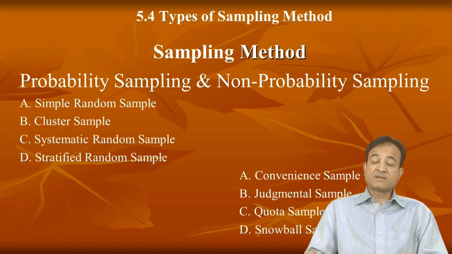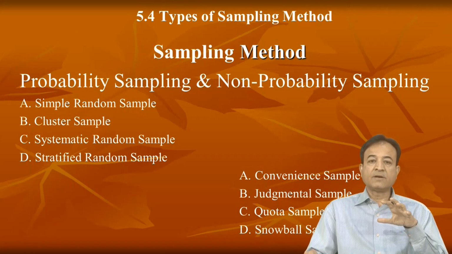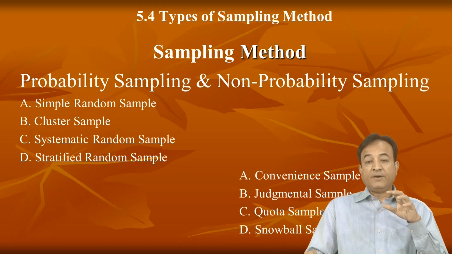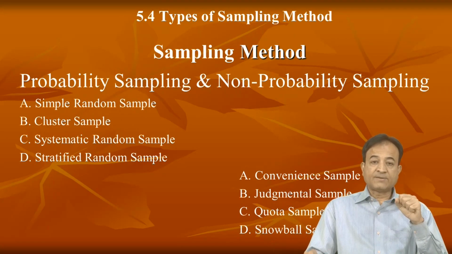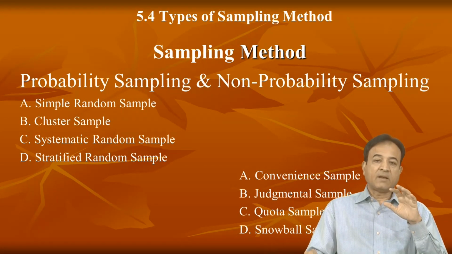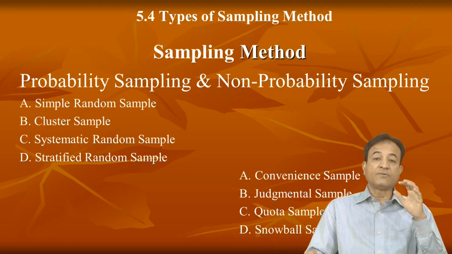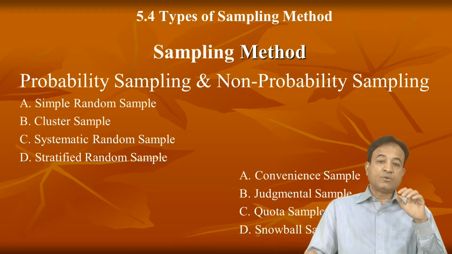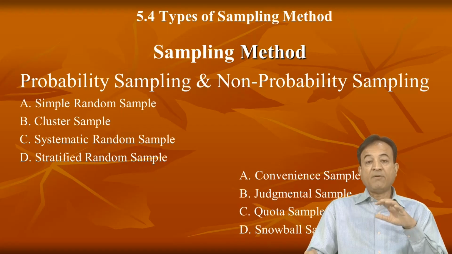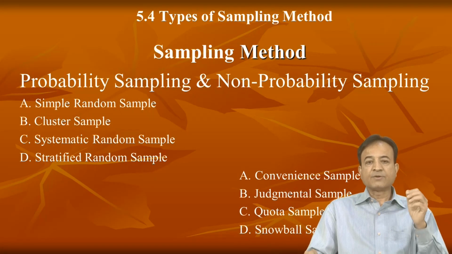Now, second, cluster sampling. It is a sampling method of selecting clusters. A cluster is a group of respondents or objects with different or varied characteristics. For example, to select a sample of 6 students from a class of 60 MBA students, the researcher can divide the class into small uniform homogeneous groups.